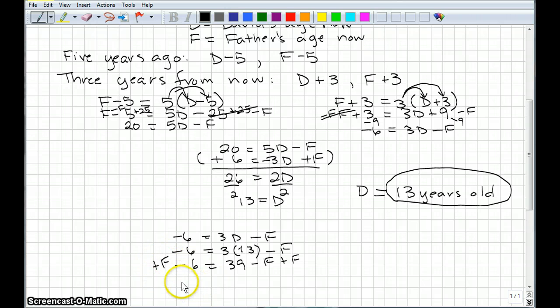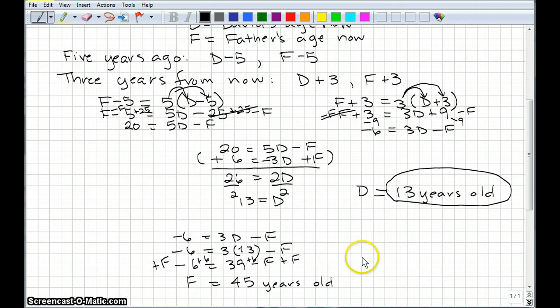That gives us an f over here on this side now. And I can add 6, and I can add 6. So again, I'm doing the same thing to both sides of the equality, so the equality is still true. So when I take negative 6 plus 6, I get 0. So I get f is equal to 39 plus 6, which is 45. And f minus f is just 0. So David's father is 45 years old.